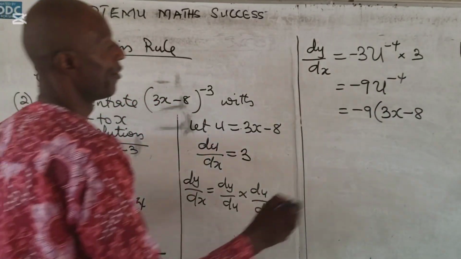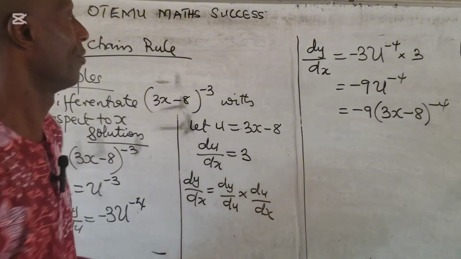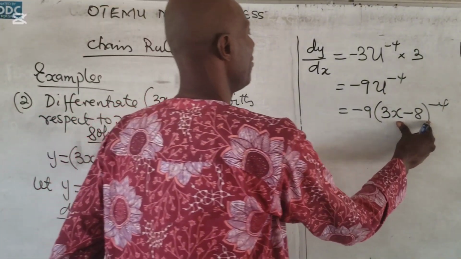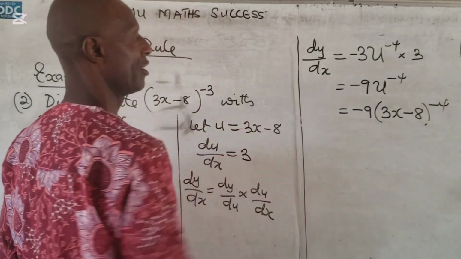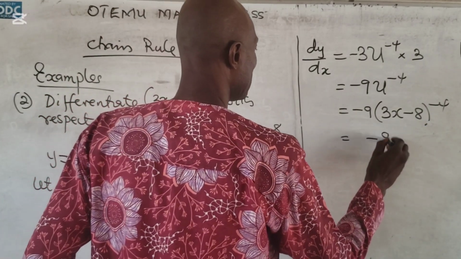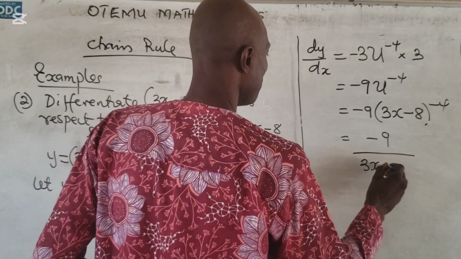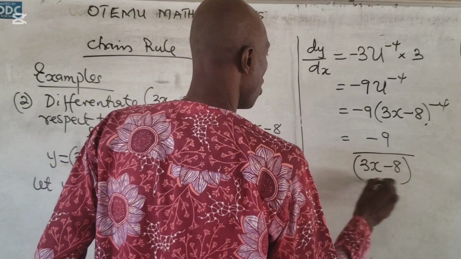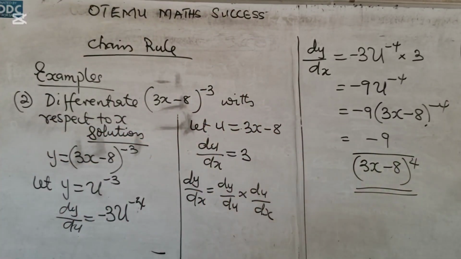You can leave the answer like this, but this is a negative index. So let's change it to a positive index, which is equal to minus 9 all over (3x minus 8) all raised to the power of 4. So I have now changed it from a negative index to a positive index.